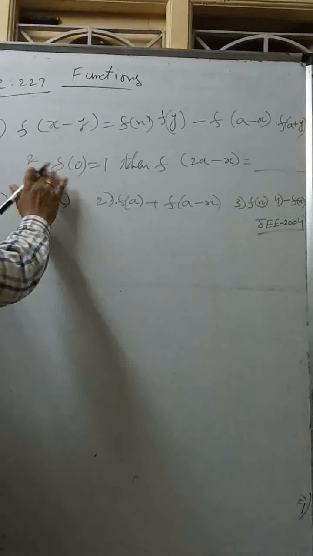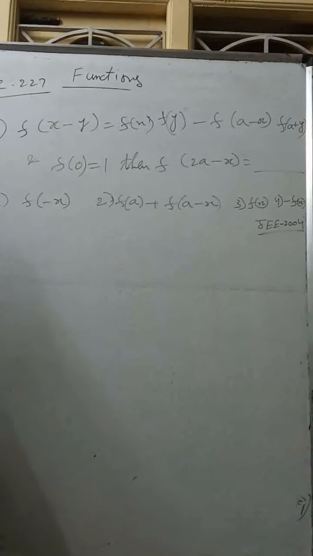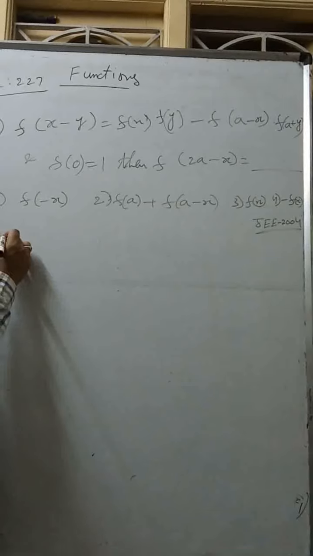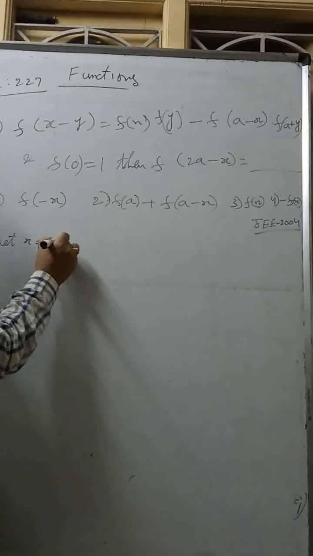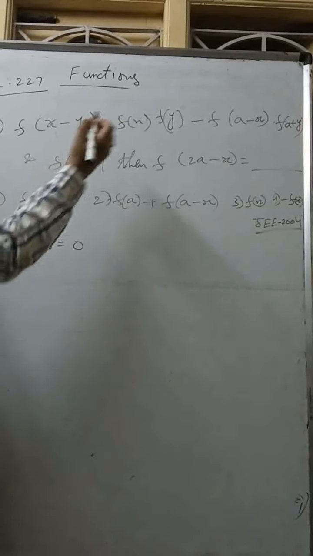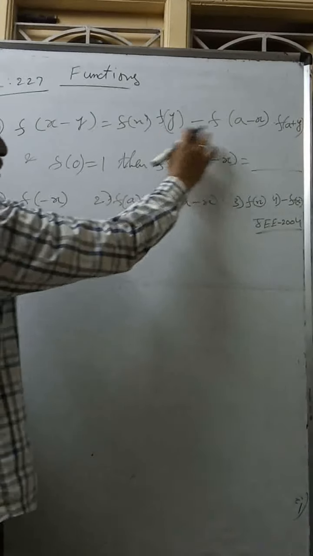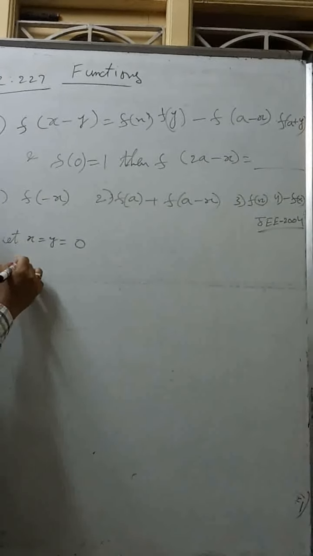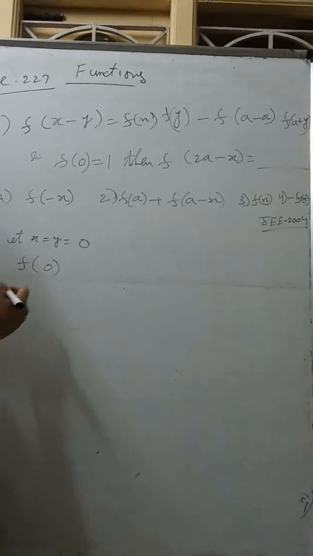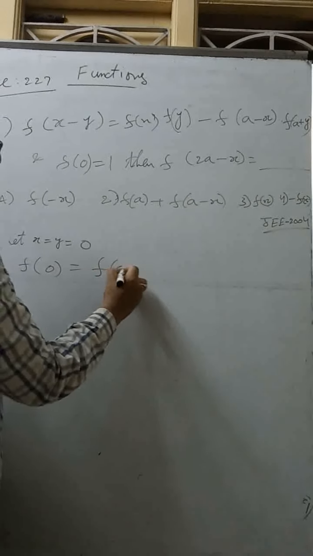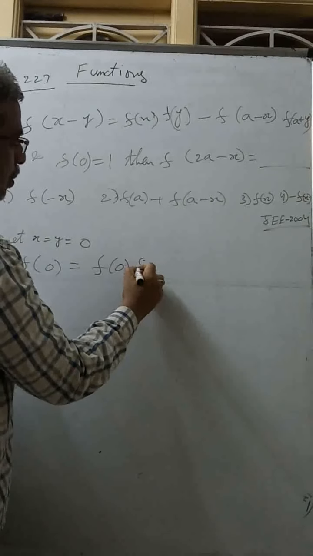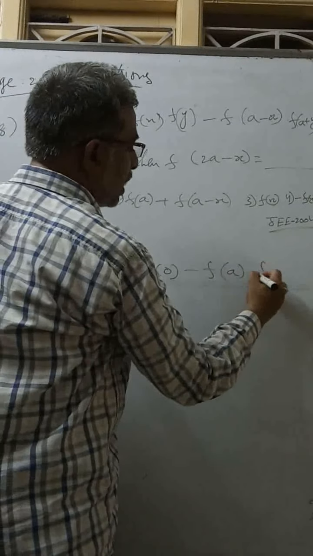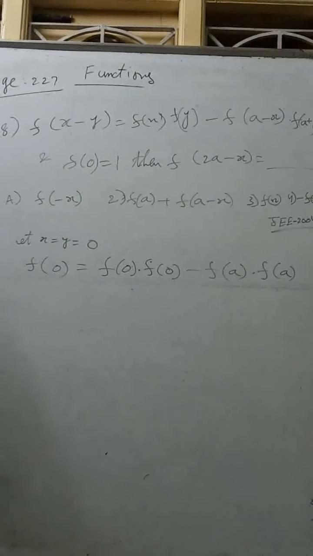Now, there is no functional equation for this as we discussed. So we need to go for f of 0, f of 1 like that. So first of all, I will take x equal to y equal to 0, so that I will get f of a, because x is 0, y is 0. Then the given equation becomes f of 0 minus 0, equal to f of 0 into f of 0 minus f of a minus 0, f of a into f of a plus 0 is f of a.